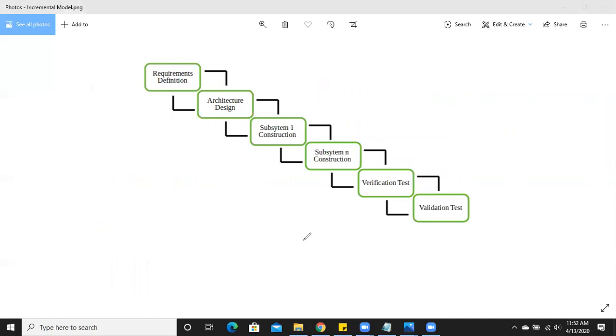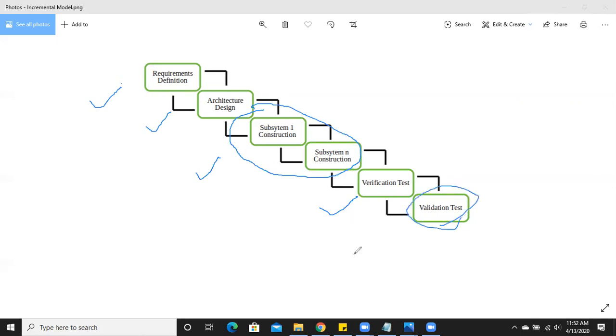So I guess you all are understanding the things. Requirement definition first. We will take these steps as we have discussed earlier. For example, consider the first step as the requirement analysis step, the second step as the designing step, the fourth step as the implementation step, the fifth step as the verification step, and the last one as the maintenance step.